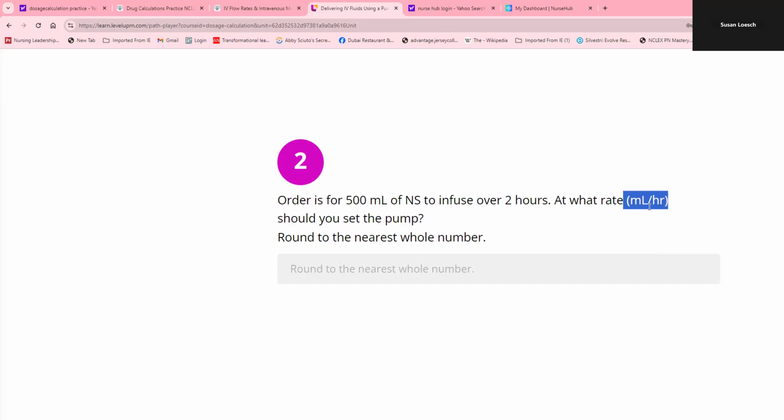So this one says hour. For this one, you have to use the total volume over the total number of hours, and it's right there in the statement: mLs divided by hours. For this question, pretty simple, you have 500 mLs over 2 hours, so your rate is going to be 250 an hour.